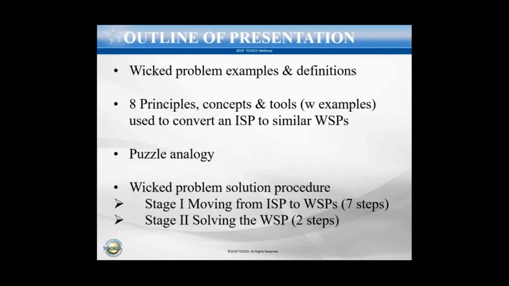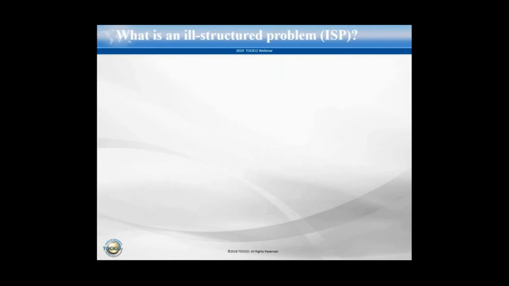They're doing it all the time. I've just got to show them how to go from the ill-structured problem to well-structured problems. So that provides you a direction of where I'm going in this presentation, what my goal is. An ill-structured problem goes by many names: ill-defined, ill-structured, wicked, messy.